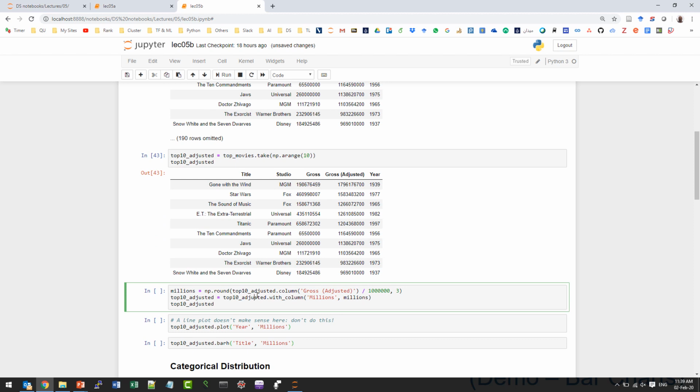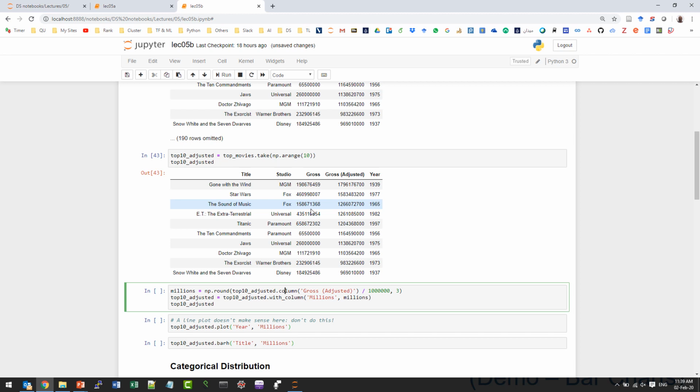Now what are we doing here? We are taking the gross adjusted. So what is the gross adjusted first? If you look at this table, you will see the gross. The gross is the total income for that movie. Now, we cannot fairly compare the income of movies across time because the ticket price, of course, changes over time.